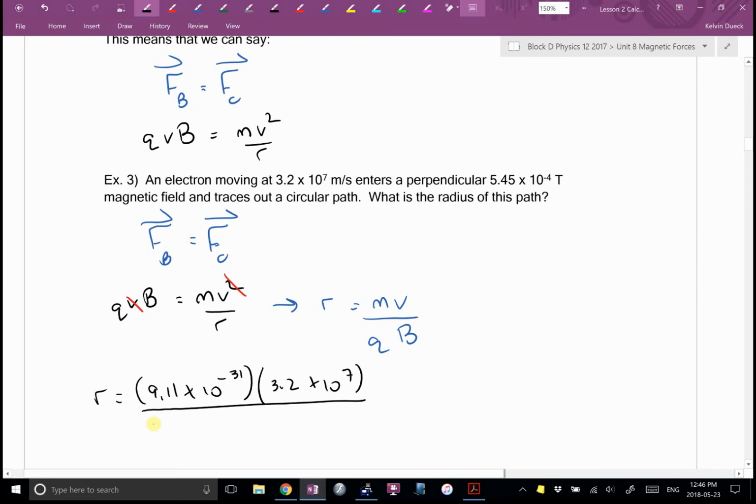Q, it's an electron. I don't put the negative in here because we're doing a scalar equation right now. We don't need a negative radius. And the magnetic field is 5.45 times 10 to the negative 4.